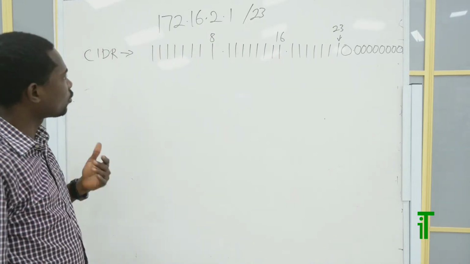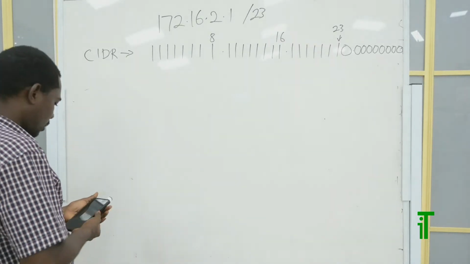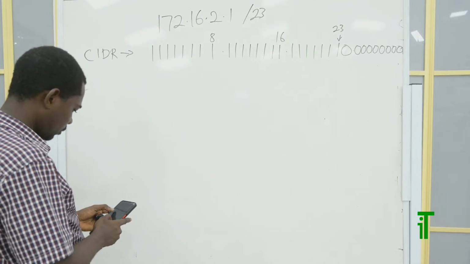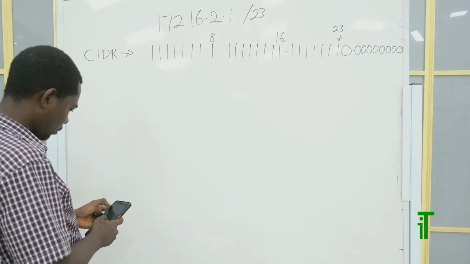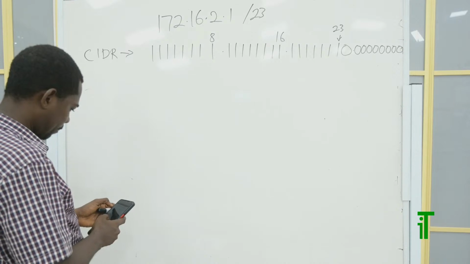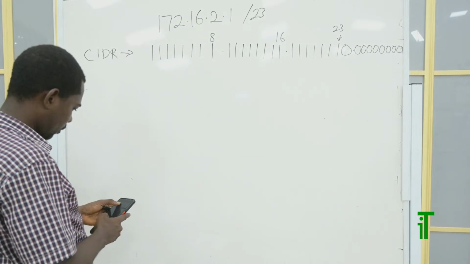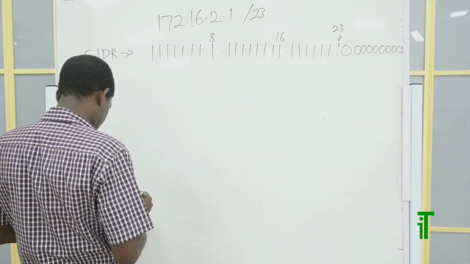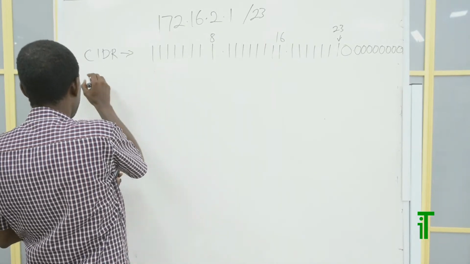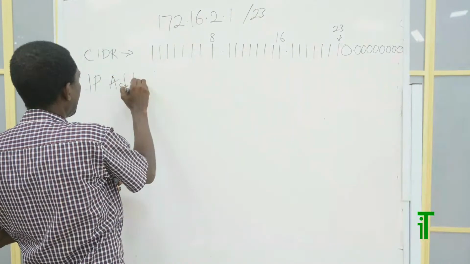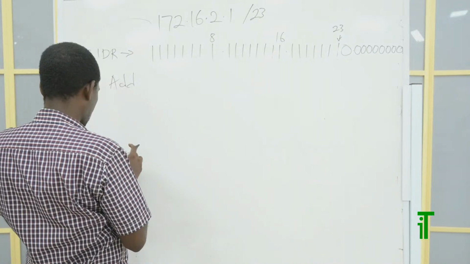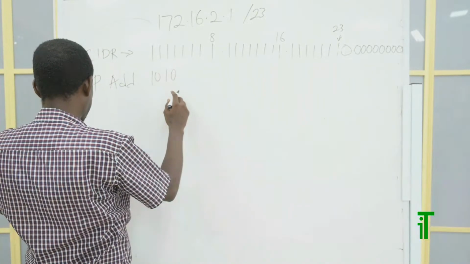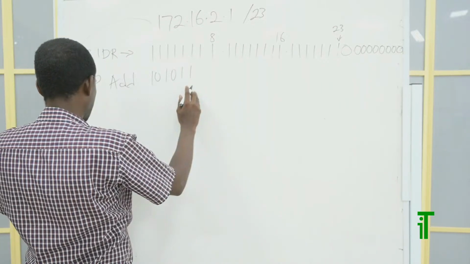When we do this, 172 in binary is 10101100.